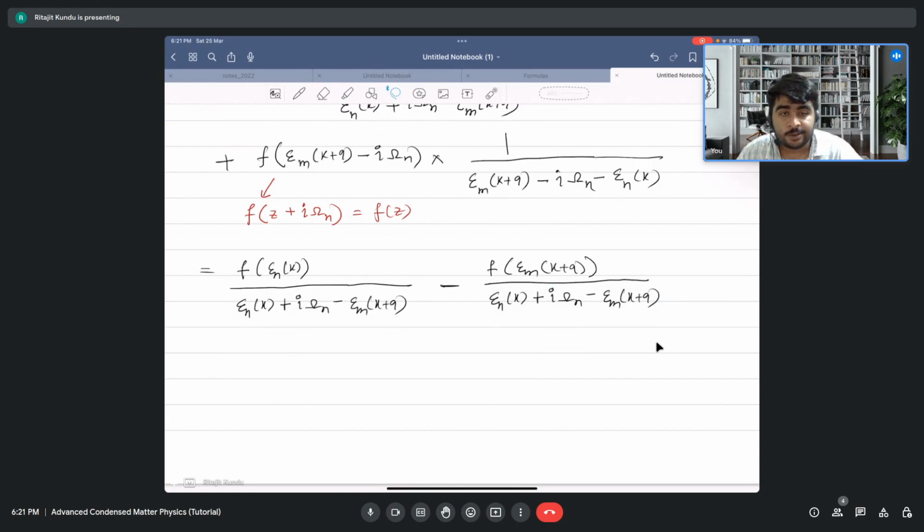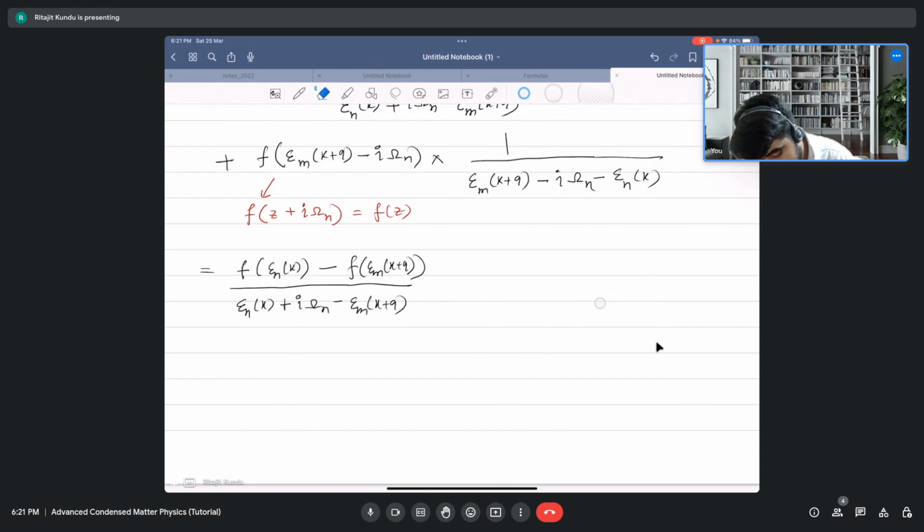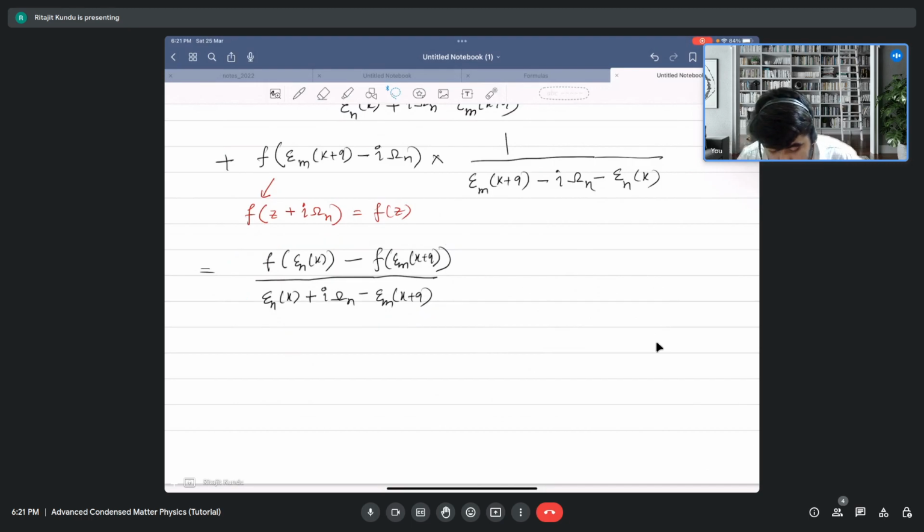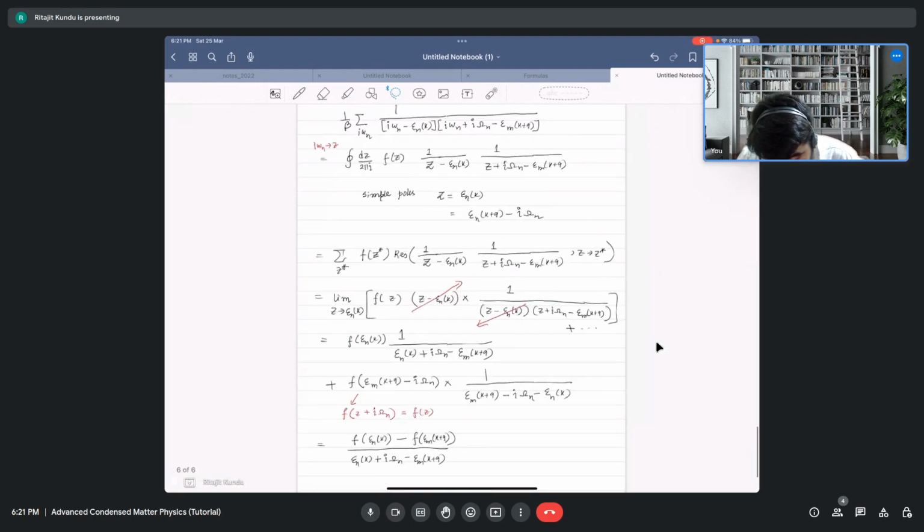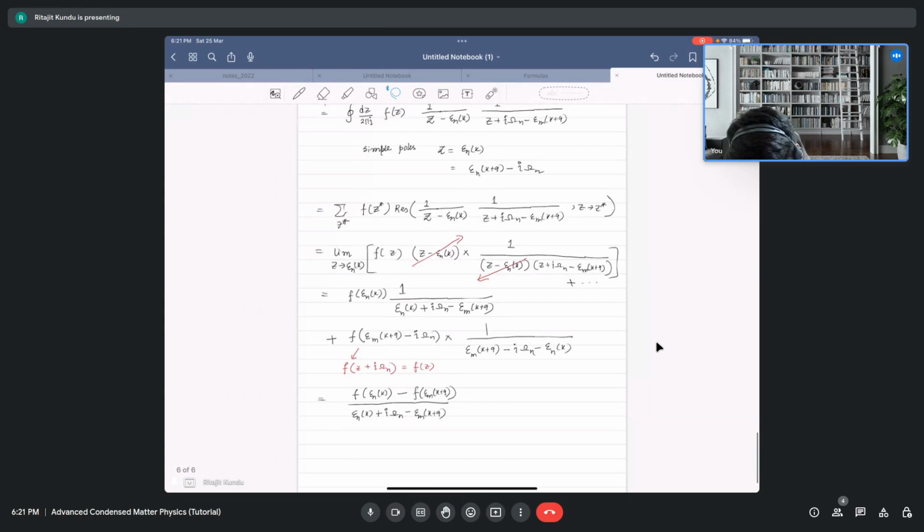You just combine both of these things and write it as f of E m k plus q. Now see what we have achieved: we have started from, so let me write this side by side so that you can appreciate it.